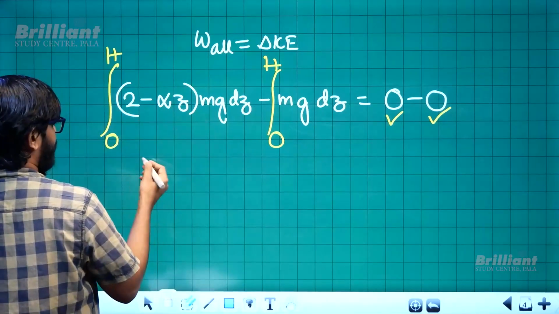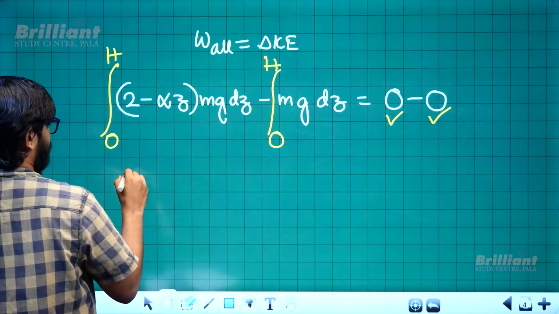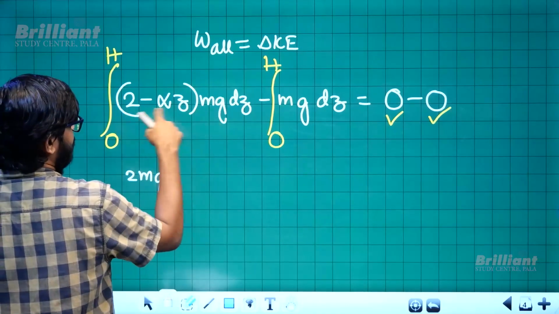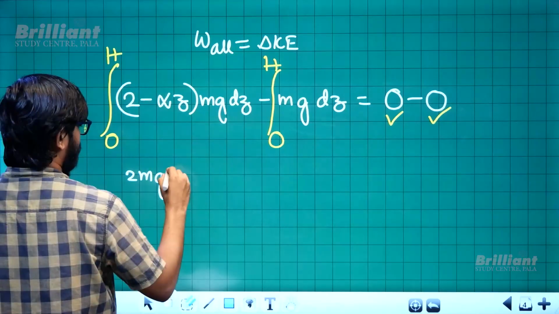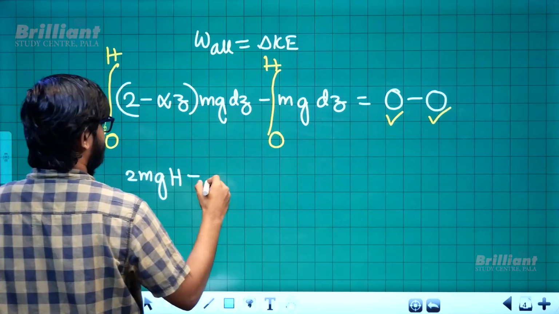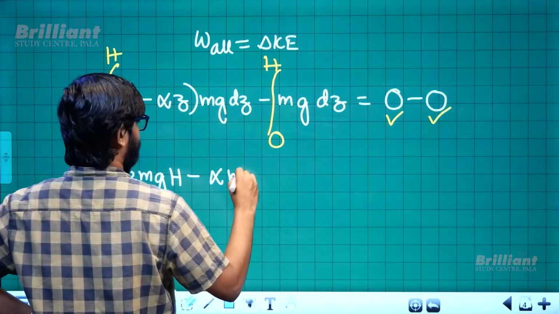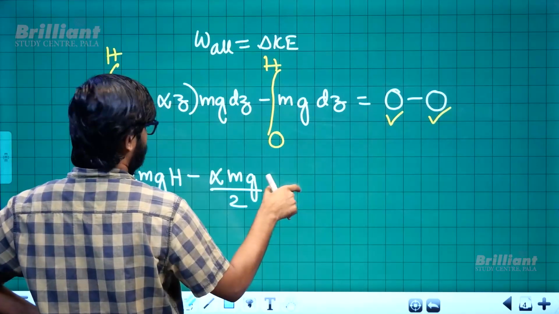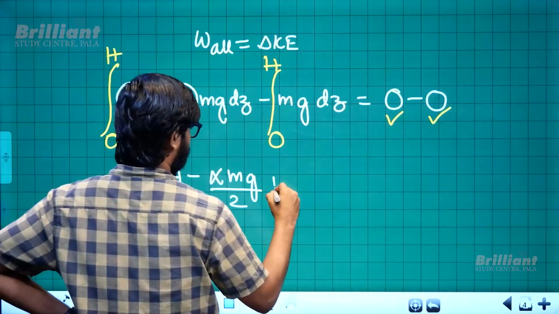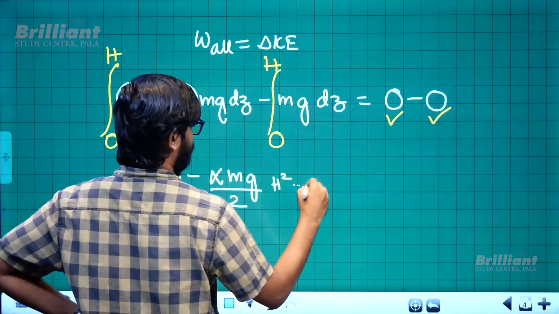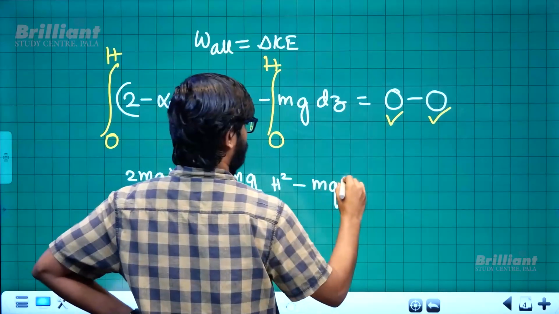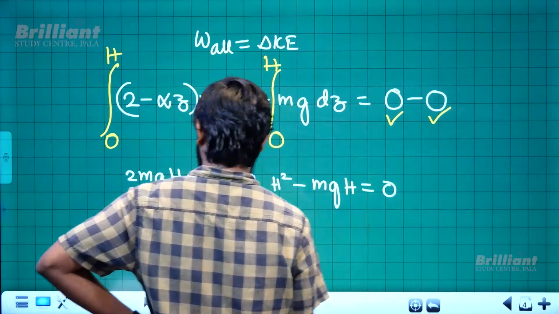So when I integrate it, I will be getting 2 mg into dz. Dz integration is z. When you substitute the limits, you will be getting h minus alpha mg. Z dz integration is z square by 2. When you substitute the limits, you will be getting h square minus mg. Dz integration is z. When you substitute the limits, you will be getting h equals 0.